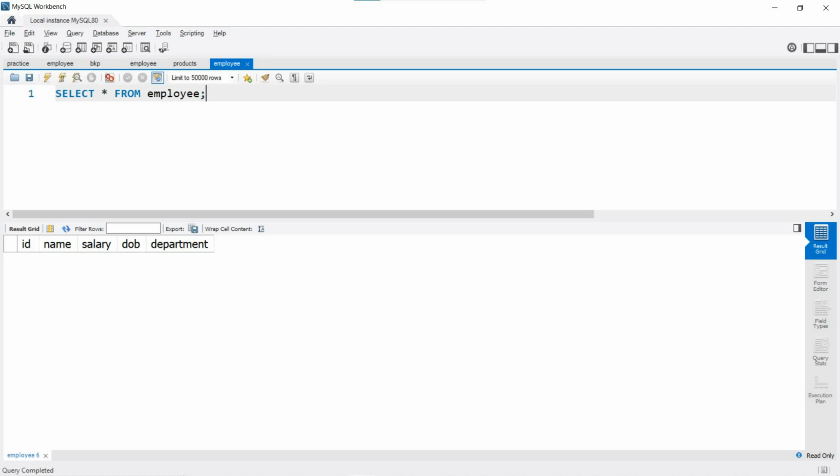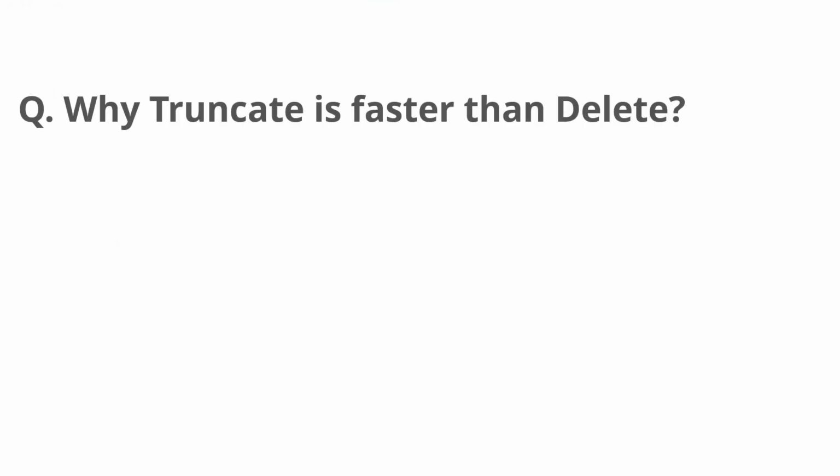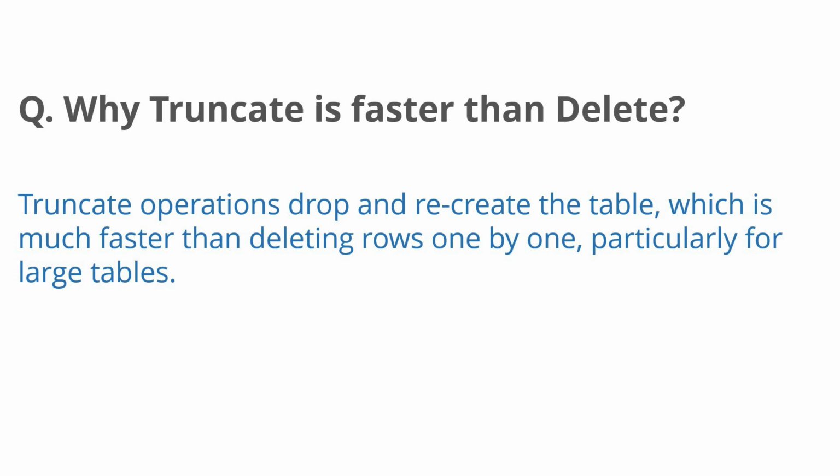But now at this point, some of you may think that we can achieve the same task using the delete command. Then why do we need to use the truncate command? The truncate command is faster than the delete command, because when we delete all the rows using the truncate command, it internally deletes the complete table including the structure, and then it recreates the table.